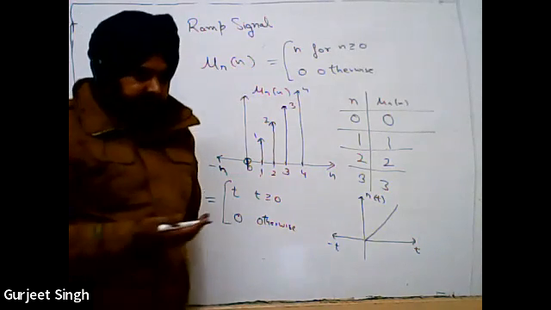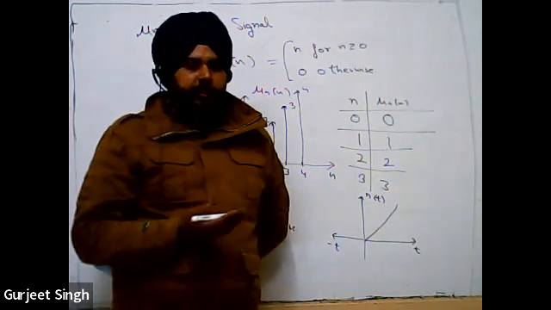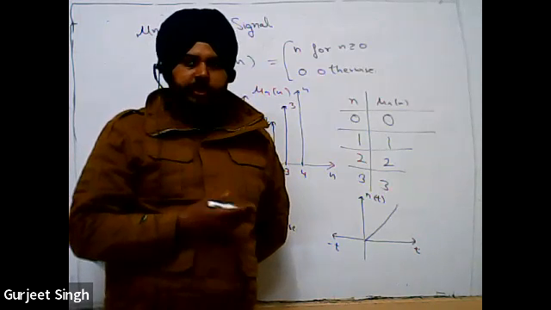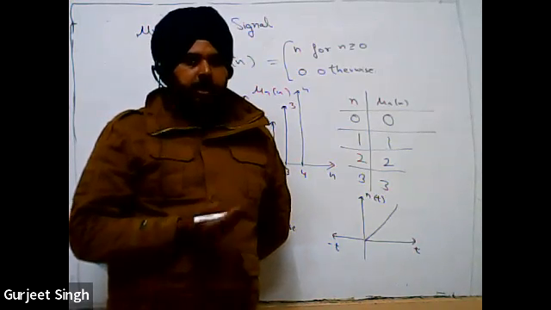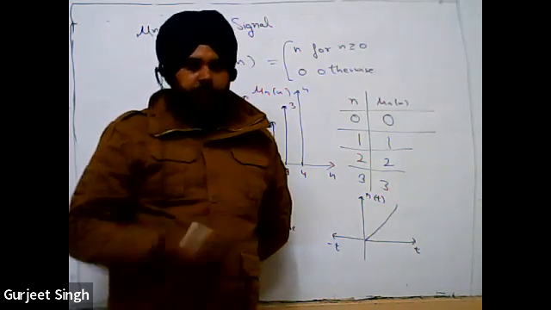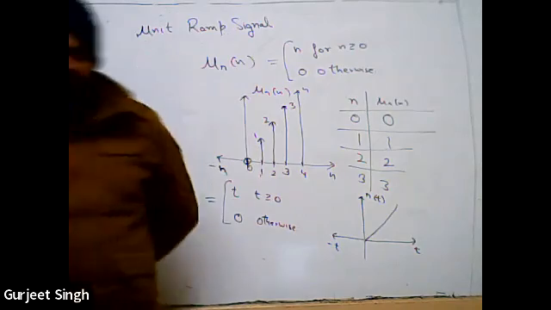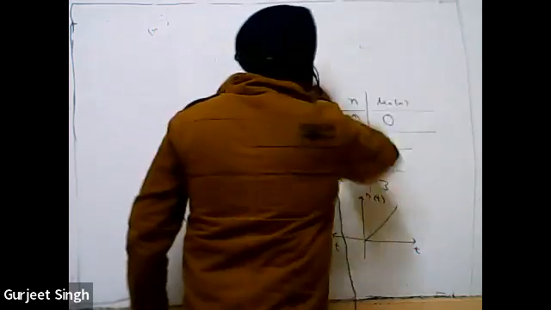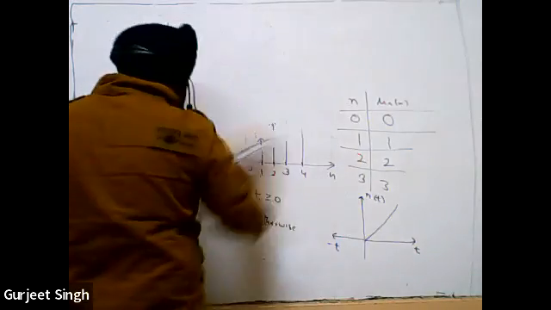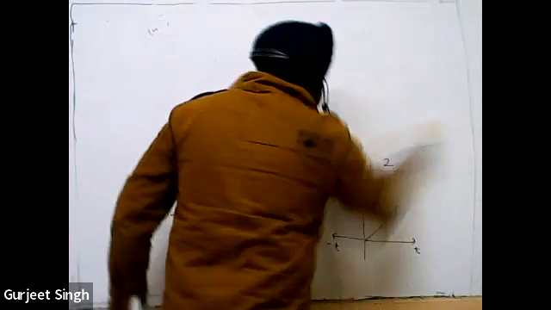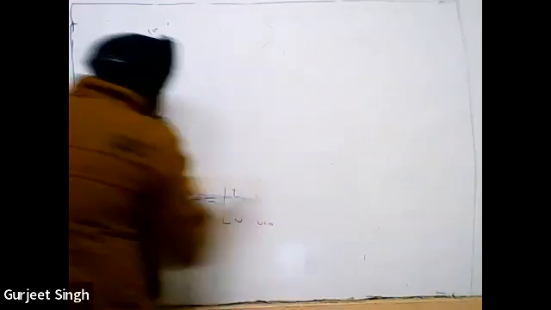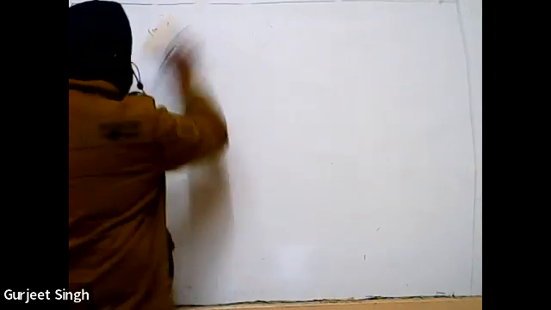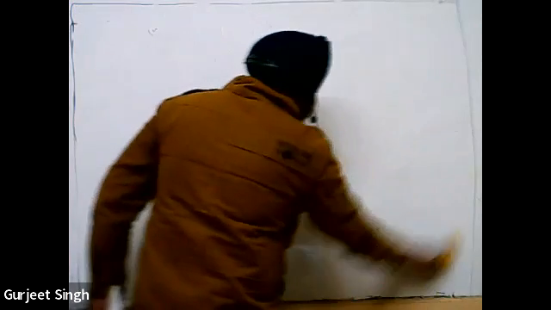We can derive the unit ramp signal from the unit step signal or from the unit impulse function also. So there is a relationship between these three signals: unit step signal, unit ramp signal, and the delta function. I will explain this relationship.